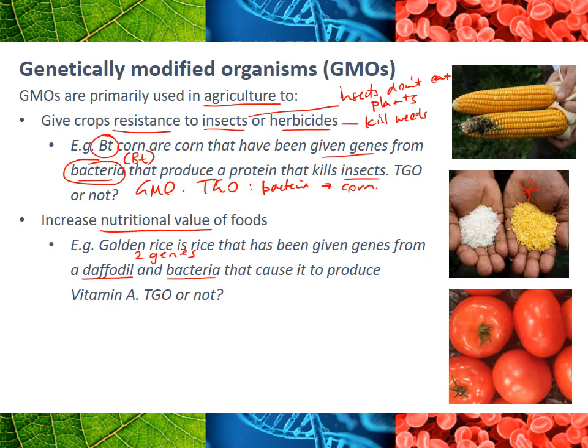When these genes are combined, they produce a protein that helps the rice to produce vitamin A. So it's basically increasing the nutritional value of rice, and therefore it can be great in low-income countries where maybe there's not a lot of food security. So what about this one, TGO or not? We've got a rice crop that has been given genes from daffodil, a flower species, and a bacteria. So yes, this is also a transgenic organism. The genes that have been given to it are from a different species, or two different species.